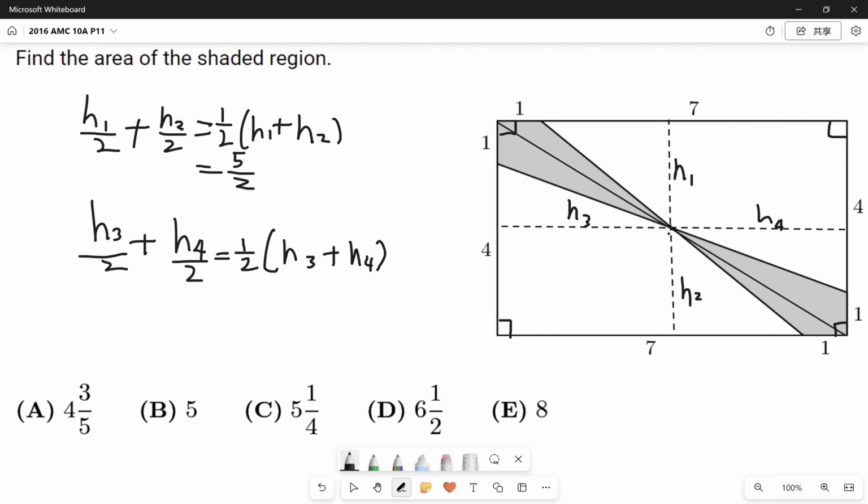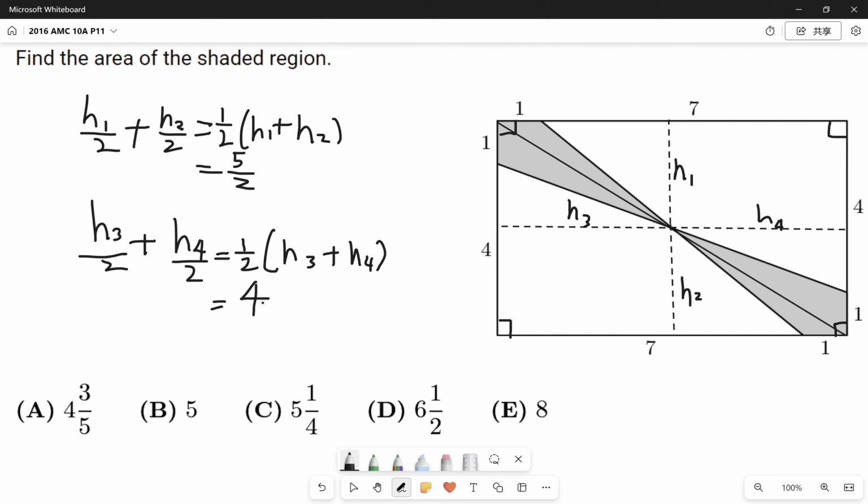So we know this line actually just sums up to the length of the rectangle, which is just 1 plus 7, which is 8. And I mean, it just looks like it, right? So 1/2 times 8 is just going to be 4.